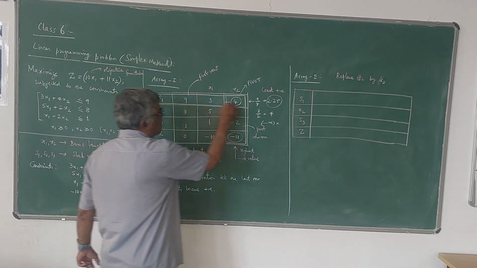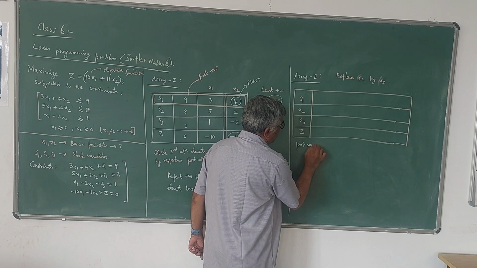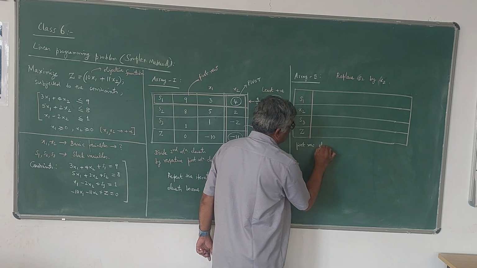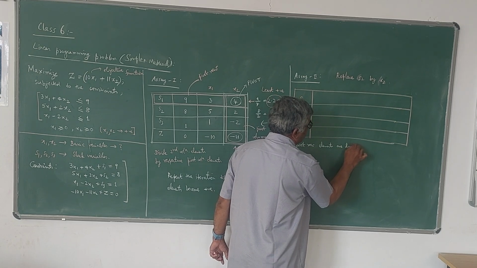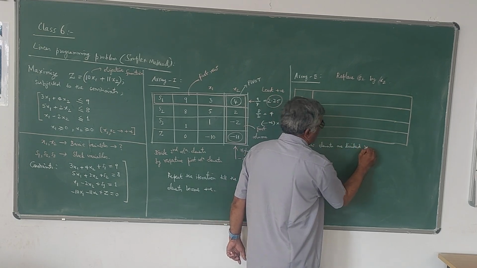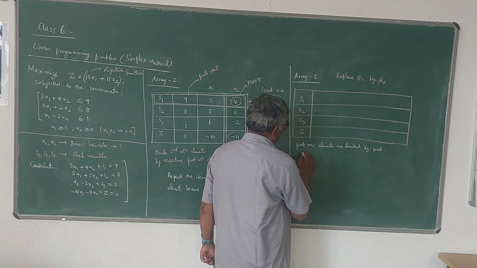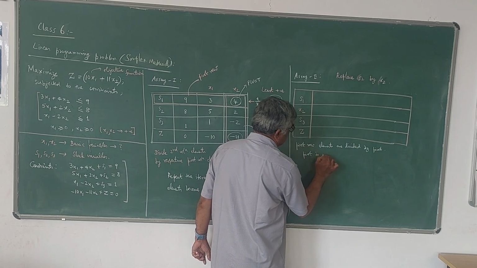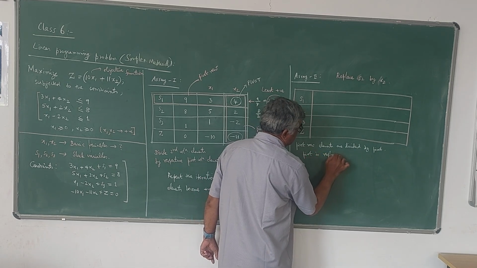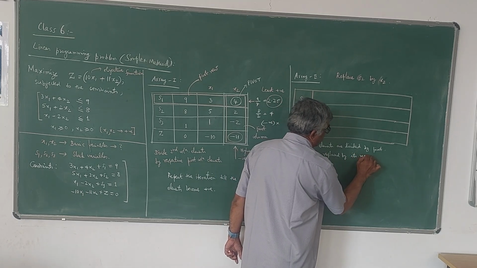You take the pivot row elements, and they are divided by the pivot. And the pivot is replaced by its reciprocal. So these conditions you should remember.